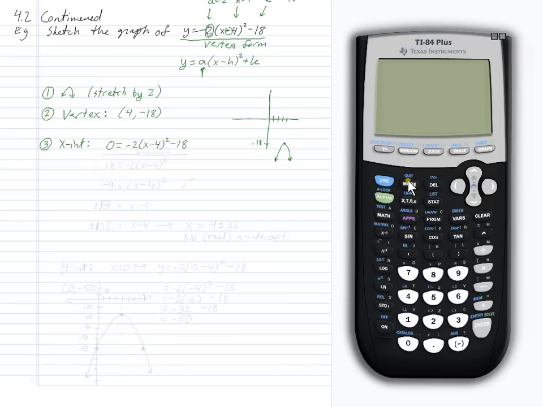Okay. Now, when our equations are given in vertex form, solving for the x-intercepts actually tends to work really well using the square root method. So I'm going to try to isolate (x minus 4) squared, first by adding 18, then by dividing by 2.